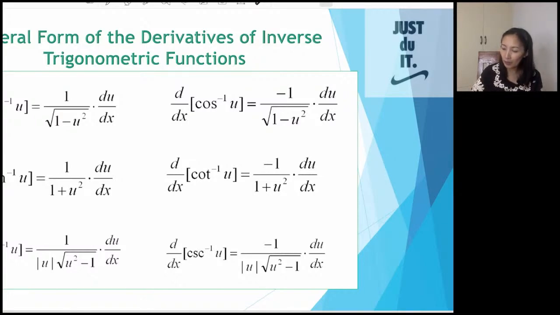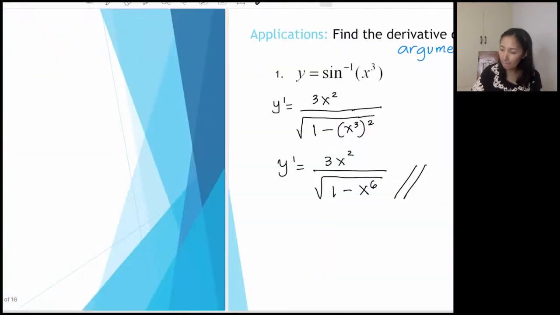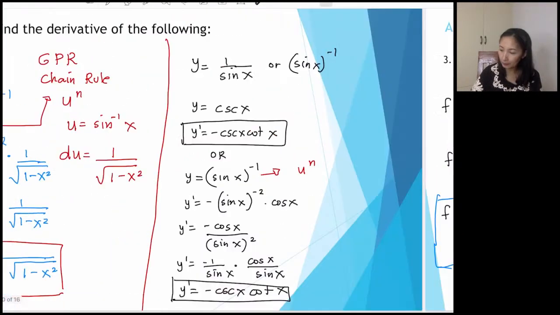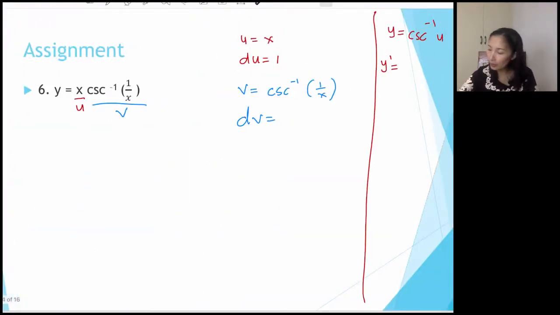So, negative 1 over absolute value of u square root of u squared minus 1 times du over dx.